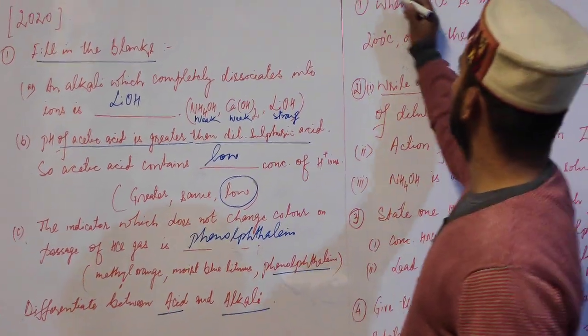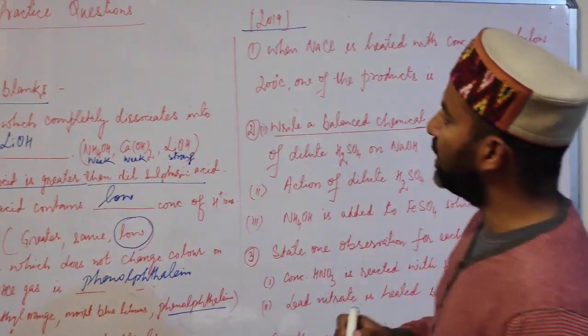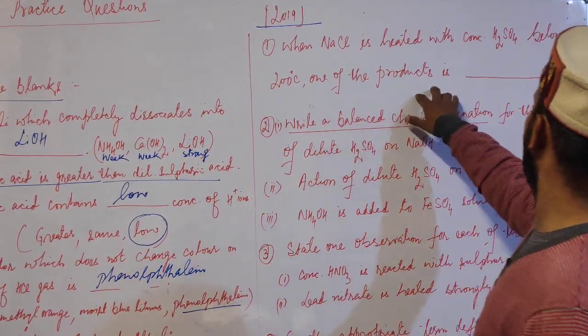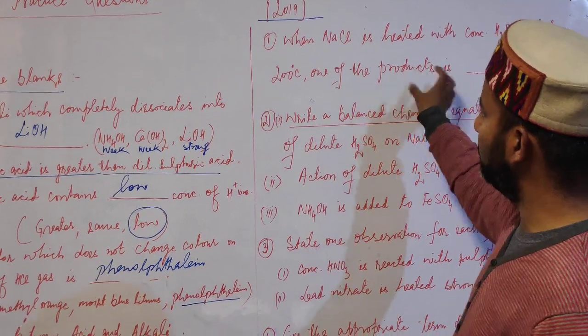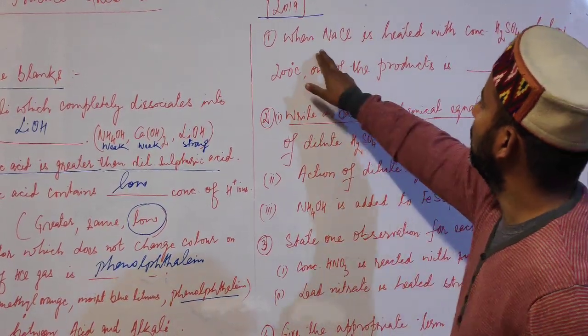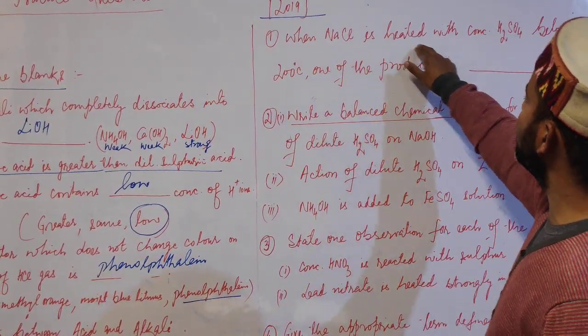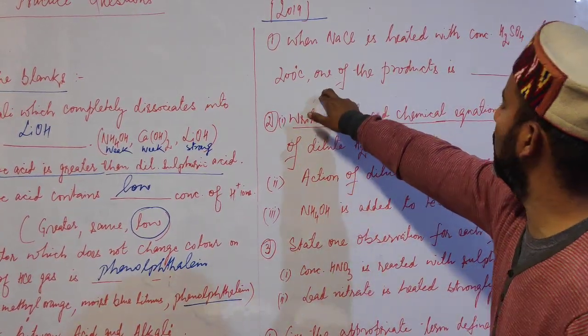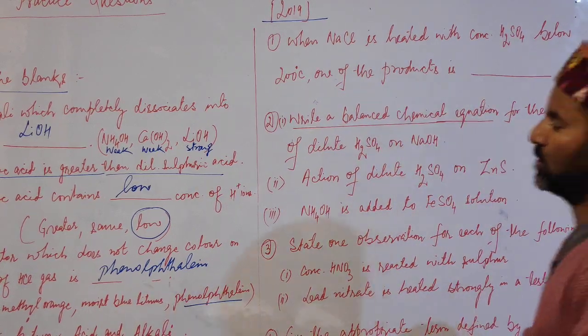Now students, I have some questions from the 2019 ICSE paper also. The first question was again fill in the blanks type. When sodium chloride is heated with concentrated sulfuric acid below 200 degrees Celsius, one of the products is.